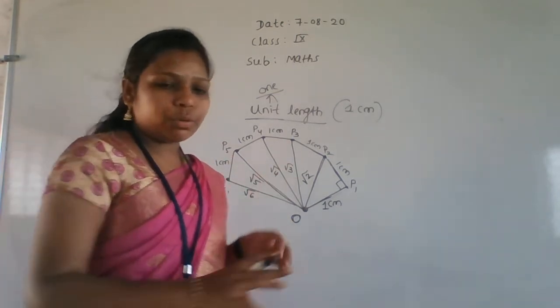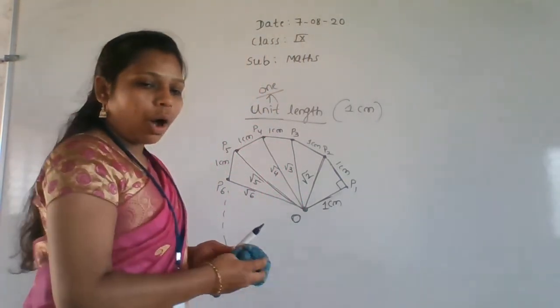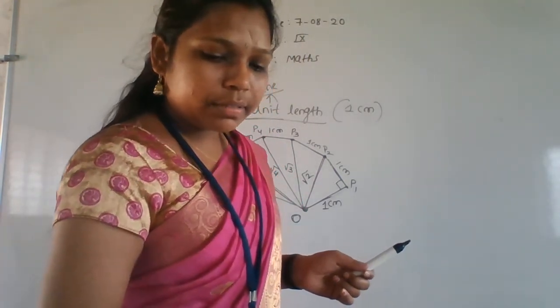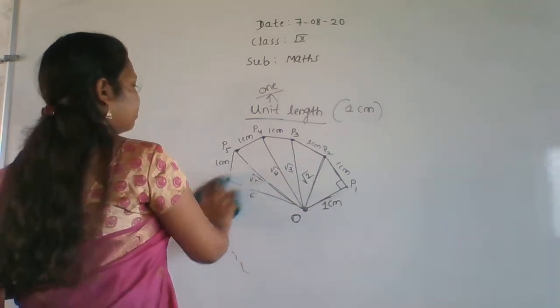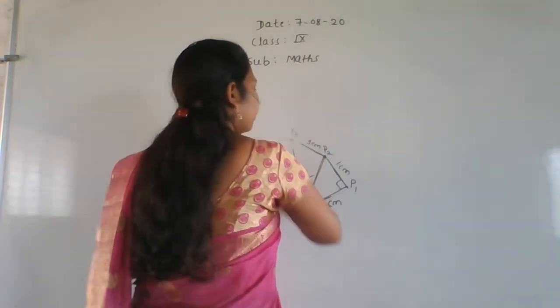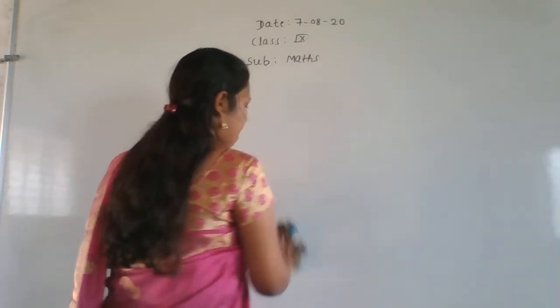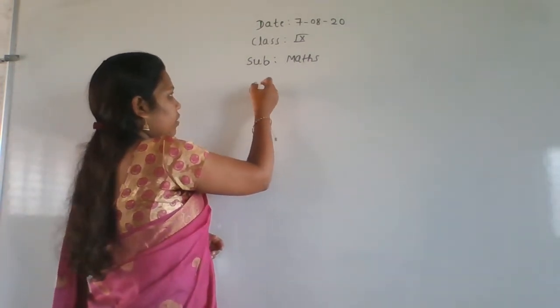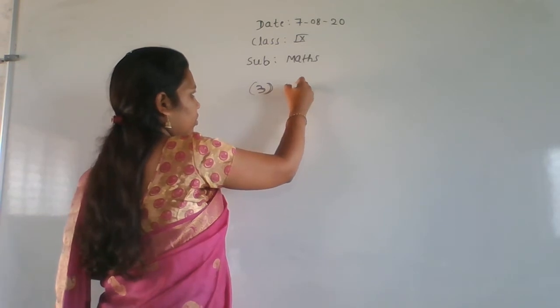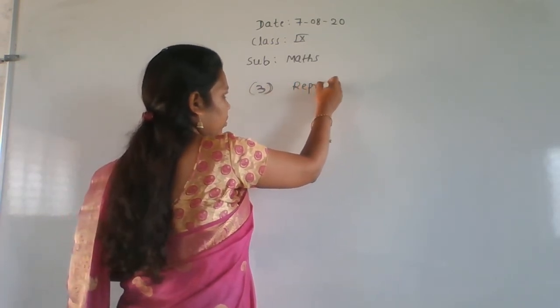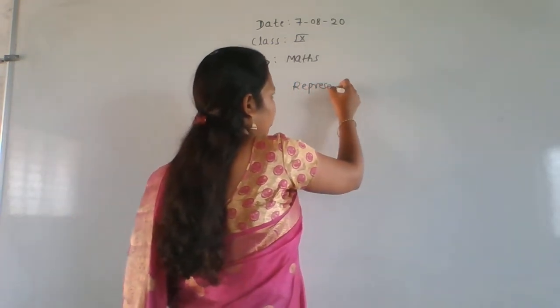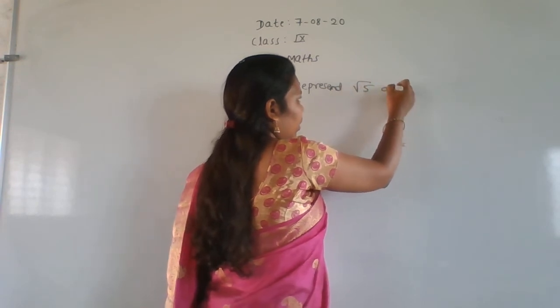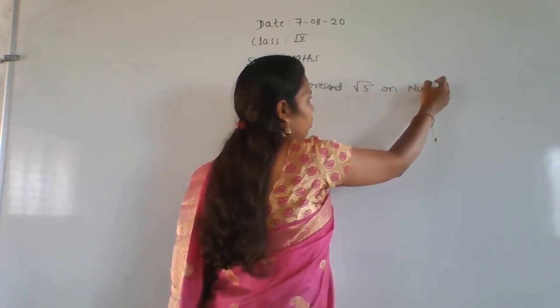Okay. So next we'll move to the third question. That is, show how root 5 can be represented on the number line. Third one is root 5 on number line.